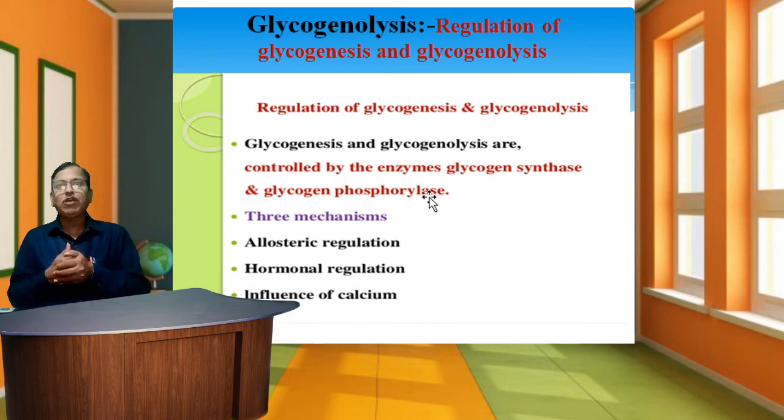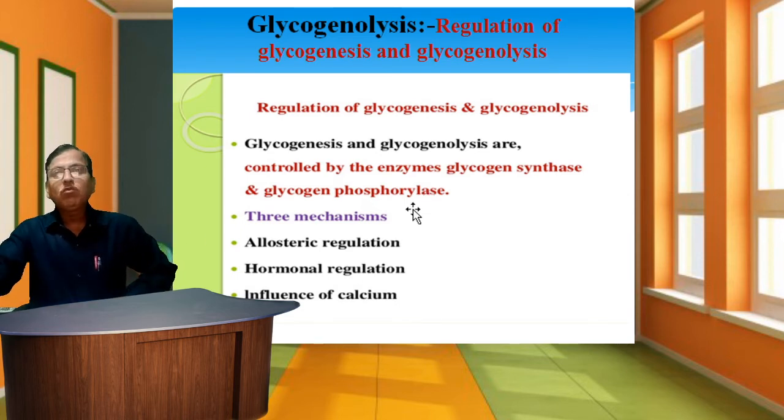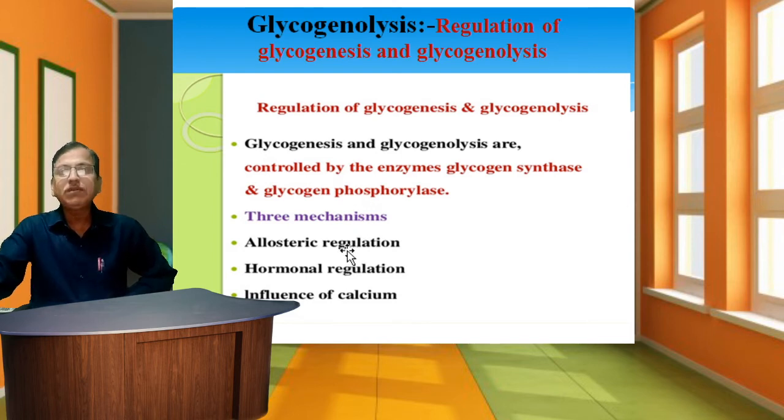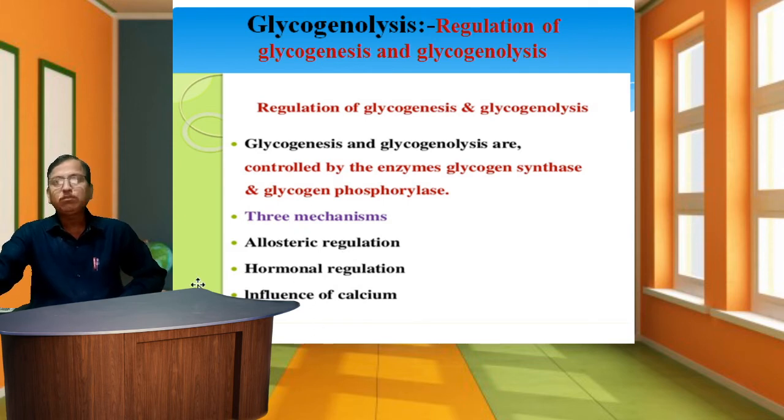These processes are controlled by the enzymes glycogen synthase and glycogen phosphorylase, the two important enzymes. They are regulated by three mechanisms: first the allosteric regulation, second the hormonal regulation, and third the influence of calcium.